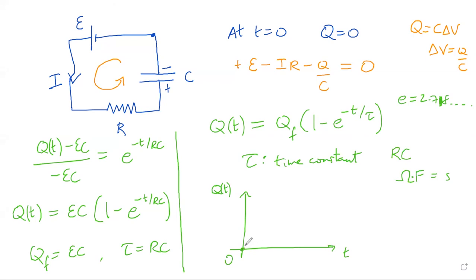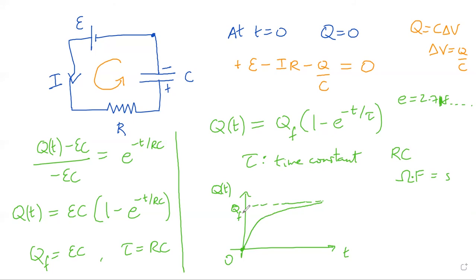We started out with an uncharged capacitor, and it then increases steeply before leveling off and asymptotically approaching the value of Q final. What this tells us is that when we first close the switch and the capacitor is uncharged, then a large current will start to flow through the capacitor, and the charge on the capacitor increases very rapidly.